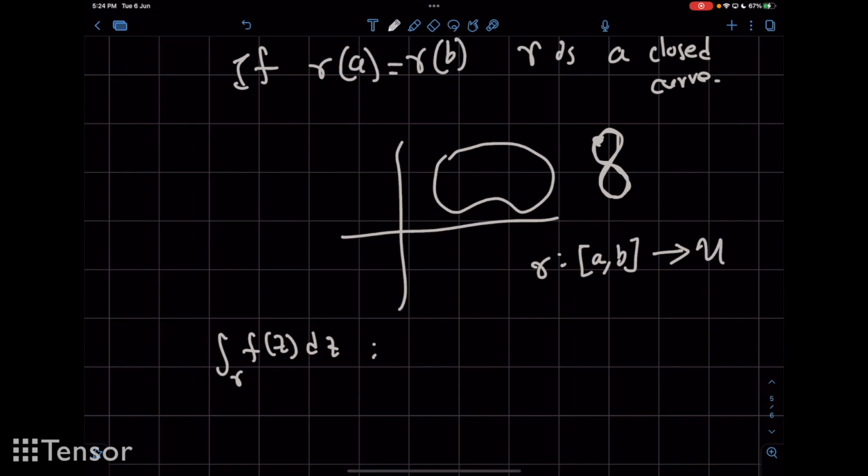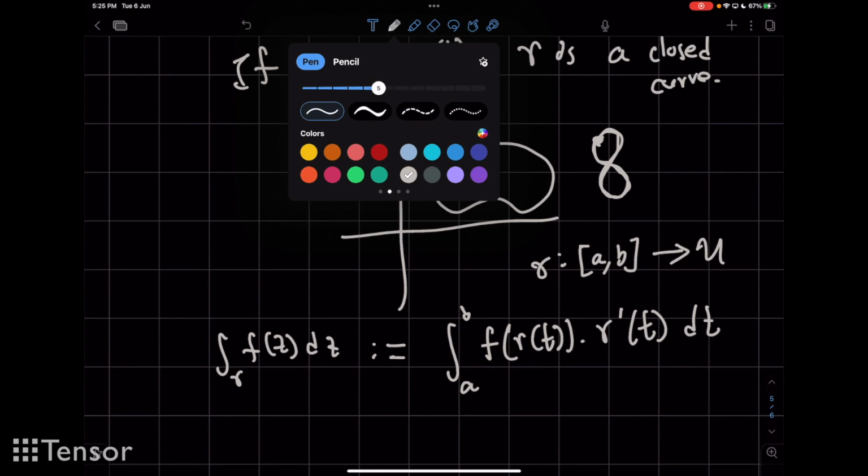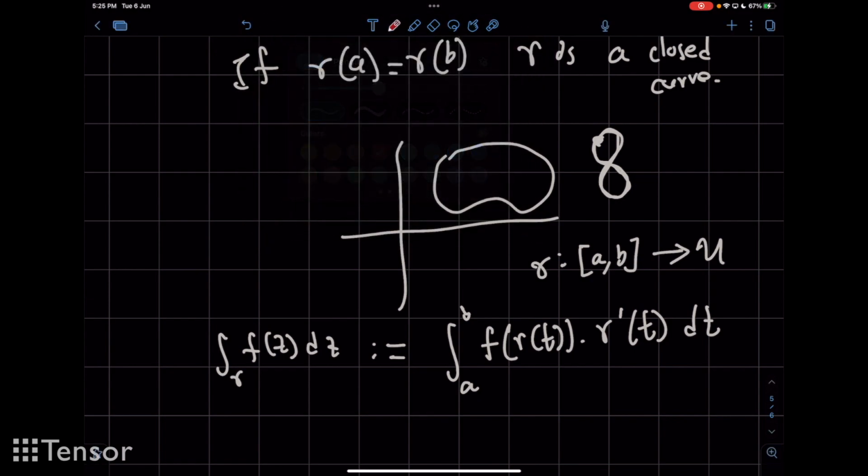We define this as the integral from a to b of f of gamma of t, gamma prime of t, dt. In order to integrate over some path, I need gamma to be differentiable as well.